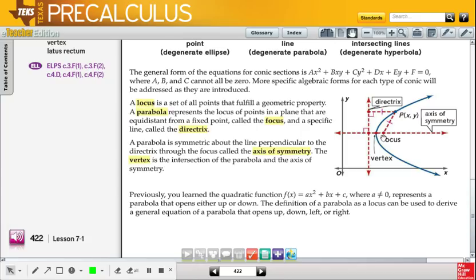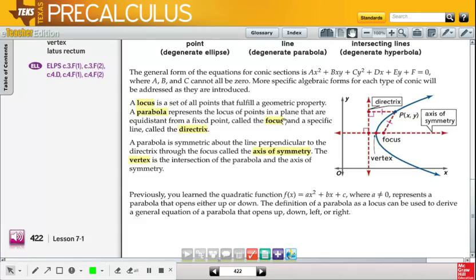So, for example, if you have the information of the directrix and the vertex, you can find your focus. If you have the information on the focus and the vertex, then you can find your directrix. So that's going to be part of it when you're trying to find the equation or when you're graphing.